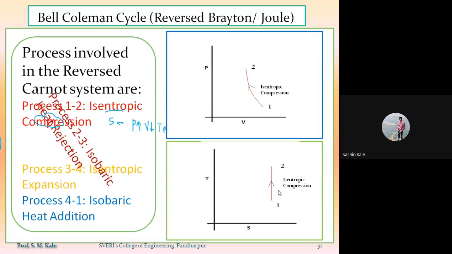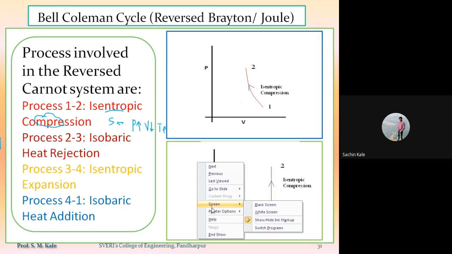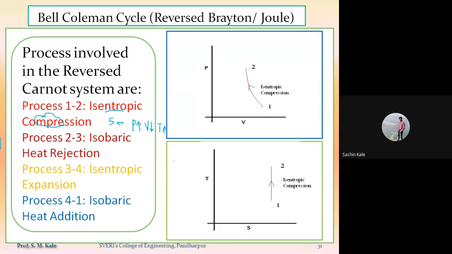Now the second process is nothing but the isobaric heat rejection process. So here what is the meaning of isobaric? Tell me, what is the meaning of isobaric? Constant pressure. So the meaning of isobaric is nothing but pressure remains constant.